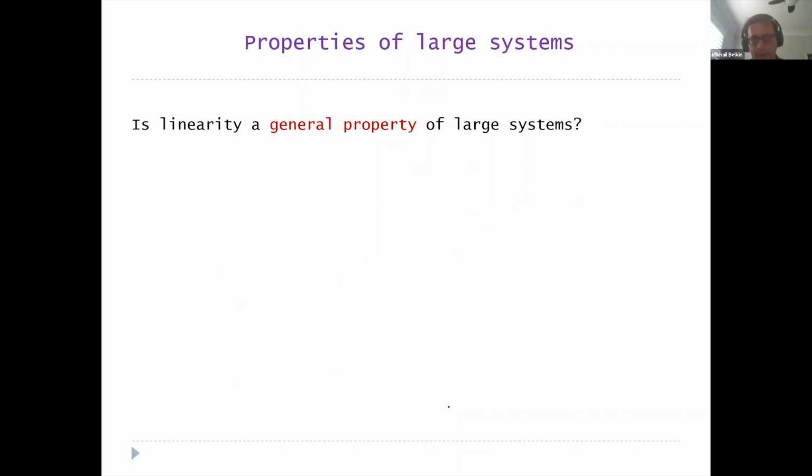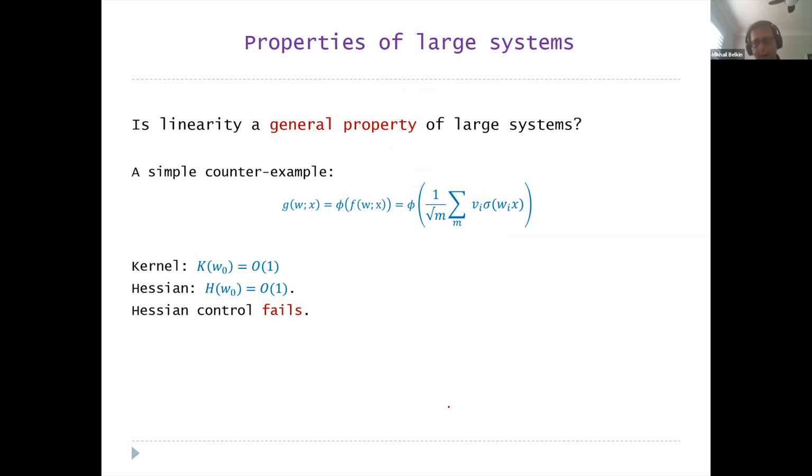I'll demonstrate empirically in a moment. And a reasonable question is, is linearity a general property of large systems? I already implied that it's not, but why not? And so let me give you a very, very simple counterexample.